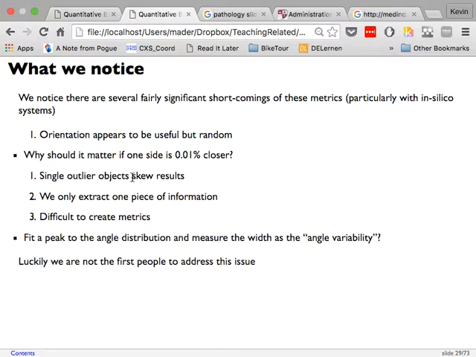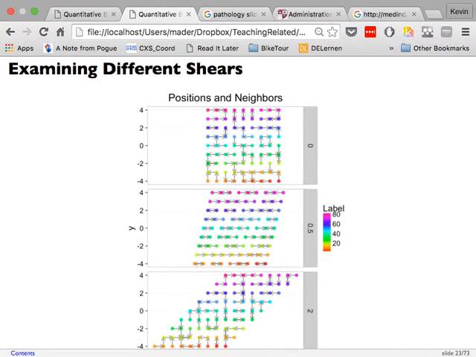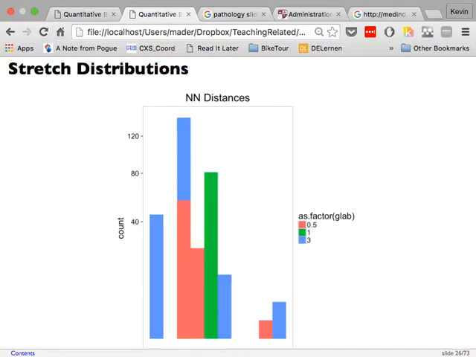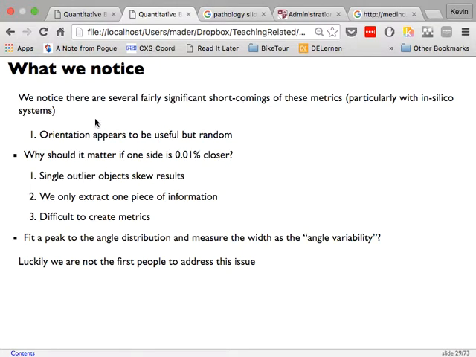And so if you show this with shearing, for example, we did it with 0.5, but if you do shearing with 0.01, as soon as you shifted these points just a little bit, it's no longer closest to the ones in the top and the bottom, so you have a complete drastic shift in your orientations. And so that means it's not a very stable metric on a system like this, and that's not something that we want to have. We want to have small changes in inputs have small changes in outputs typically.